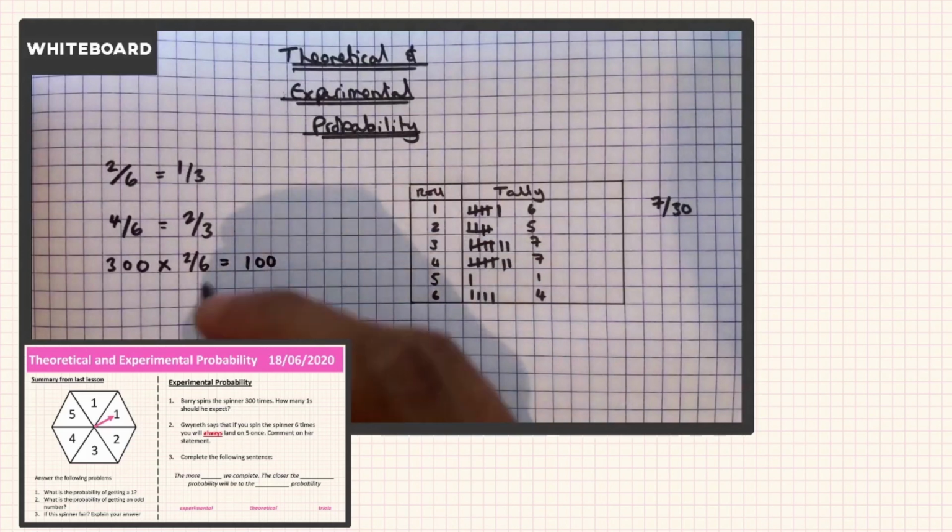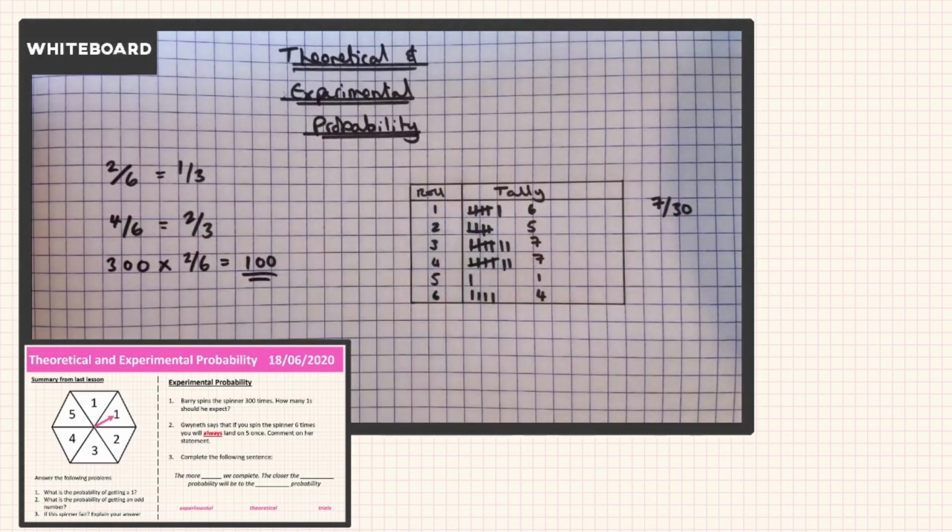So I expect to see 100 1s when Barry spins that spinner 300 times. Whether that happens or not, Barry would have to spin the spinner to see. But for all intents and purposes, that is what I would expect to see.